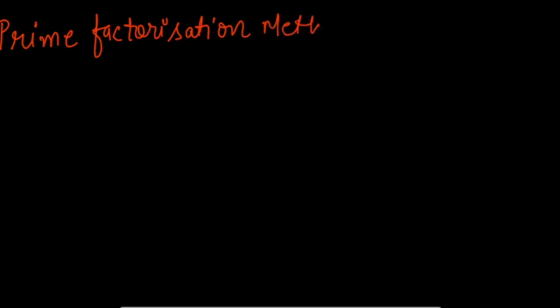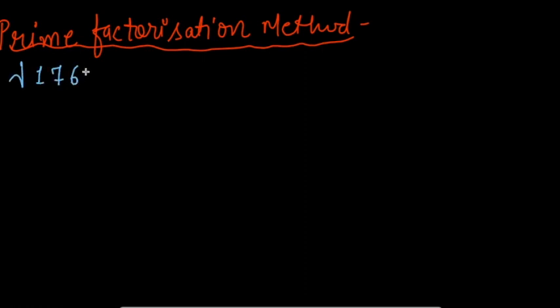So I know this prime factorization method is nothing new for grade 8 students at least. If I say find the square root of 1764 using the prime factorization method. Okay, so we will start solving it. 1764, and we know how to do the prime factorizations.